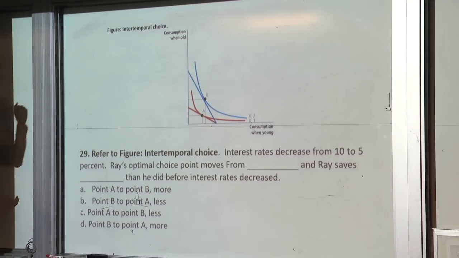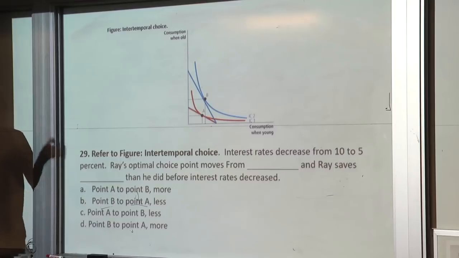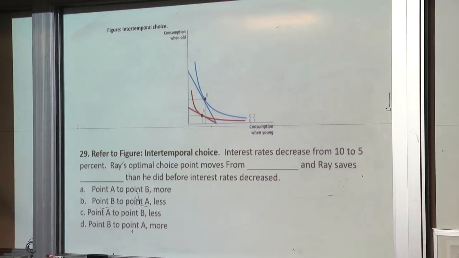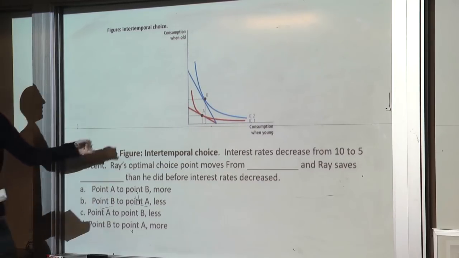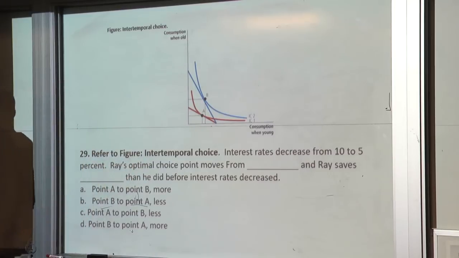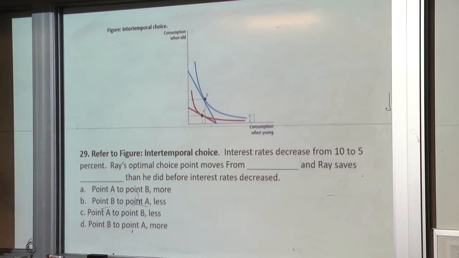Because the interest rate is rising, so I can forego consumption today to get more consumption tomorrow, right? If the interest rate falls, obviously the opposite will happen, right? If the interest rate falls, I'll be earning less for every day that I have my money in my bank account, and so the consumption when I'm old will rise relative to the old interest rate, okay?